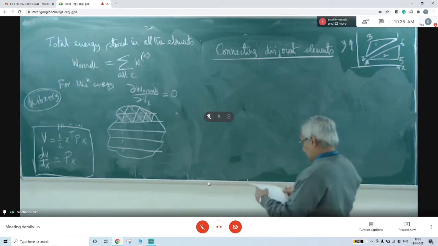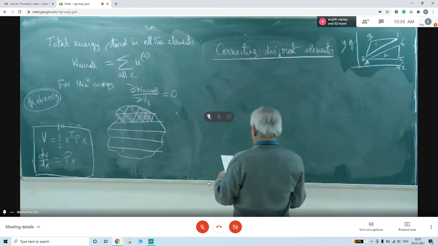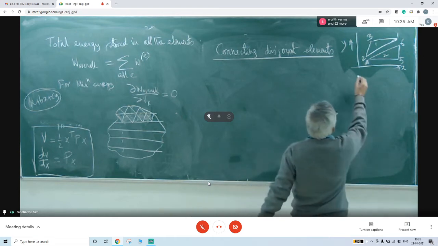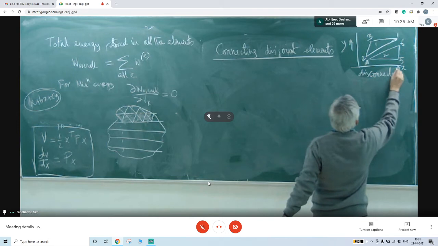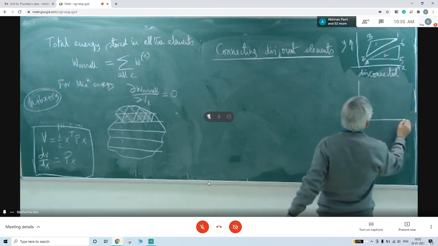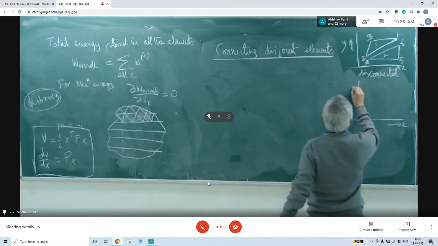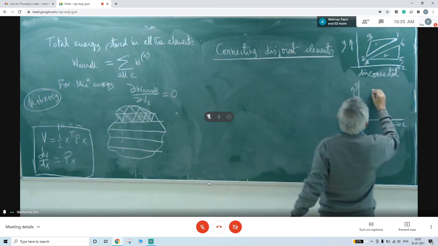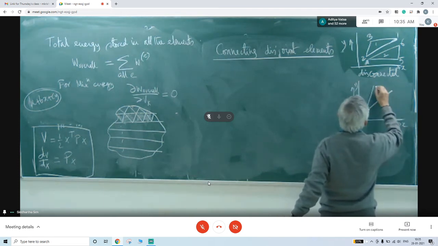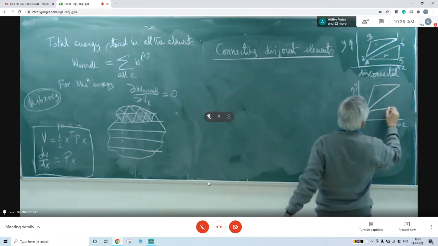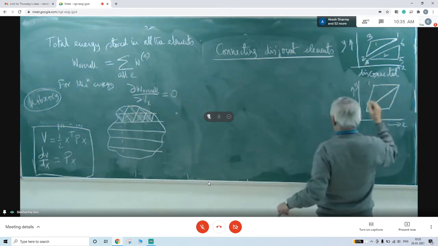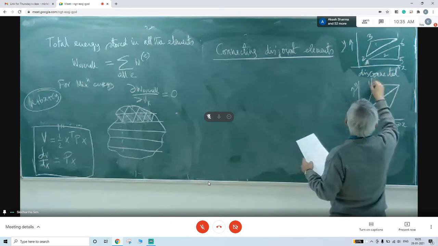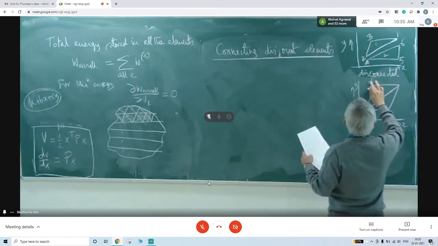So these things are disconnected, and if connected, we can get some sort of this.